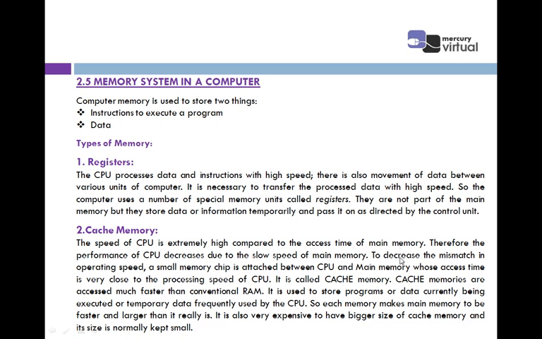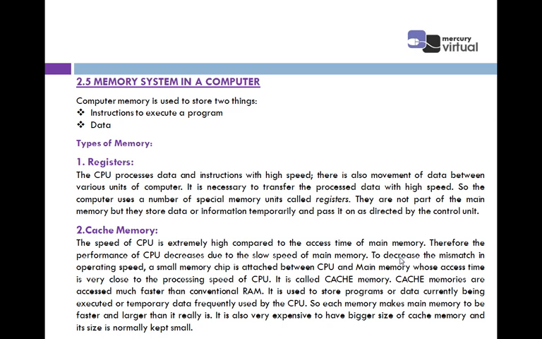Means the time taken to access data from the memory is extremely high as compared to the speed of the CPU. In simple terms, the CPU performs at a very fast speed in comparison to the main memory. So there is a need for something that is also fast, to cope up with the CPU speed.